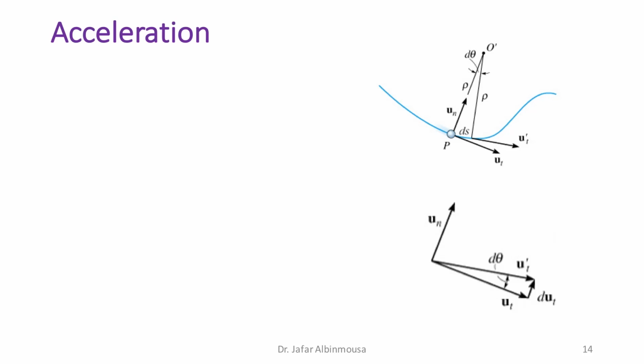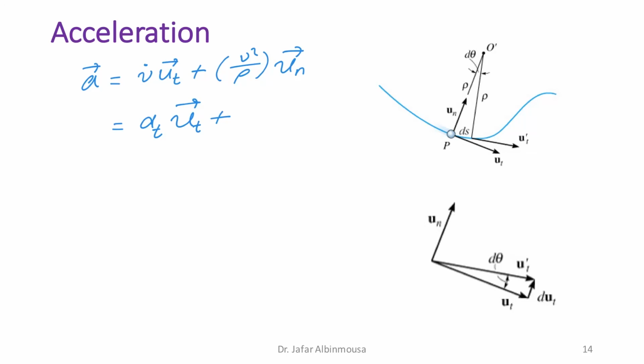To summarize, we have now found that the acceleration vector is v dot ut plus v squared over rho un. This is what we call at, the tangential acceleration, ut plus the normal acceleration un.